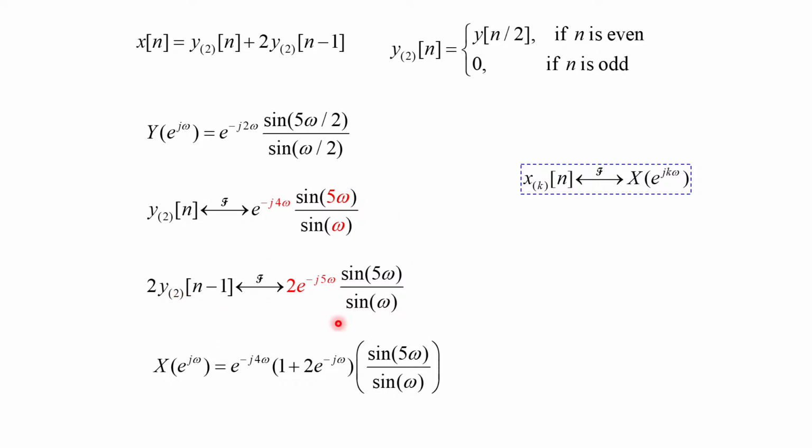Then you do your scaling by 2 and this time shift of -1. The time shift of -1 gives you an extra e to the minus j omega, and it's times 2. Then you add everything together and get this equation.